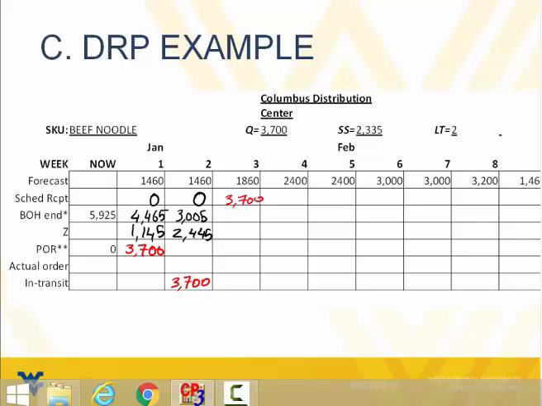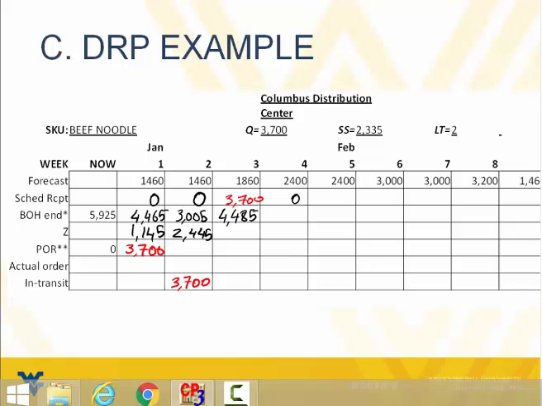And then that gives us a balance on hand of 4,485. So there's no orders coming in the next period. We know that because our lead time is more than 1 day.